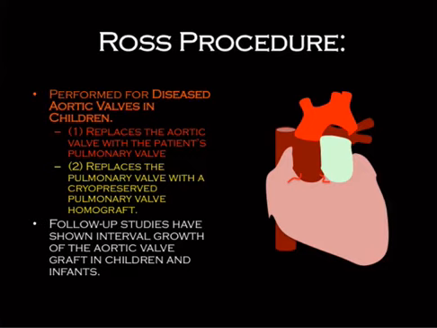A way to remember it could be, the only guy named Ross that I know is the stupid beta male character from the TV show Friends. And if you grew up with that, you can remember that you can grow up with your aortic valve with a Ross procedure.